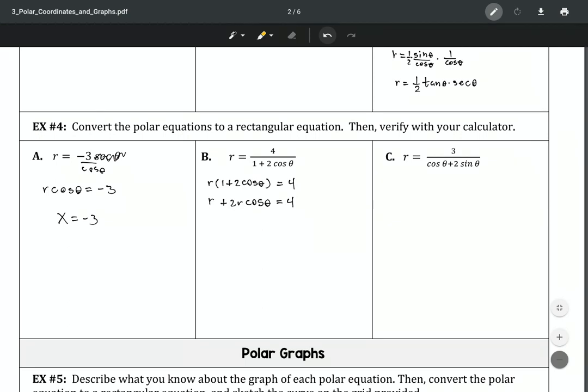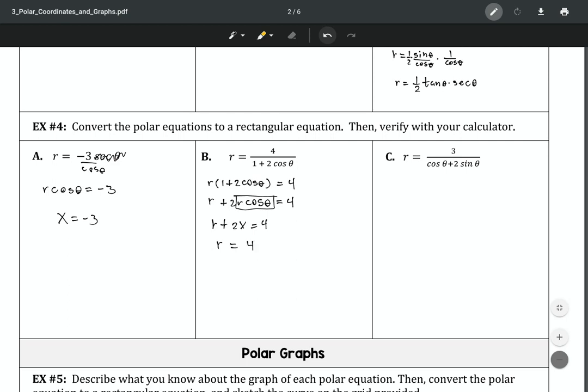Now r cosine of theta is x. So this is r plus 2x is equal to 4. Okay, and then now I'm going to try to get this r by itself because eventually I do want to get rid of it.